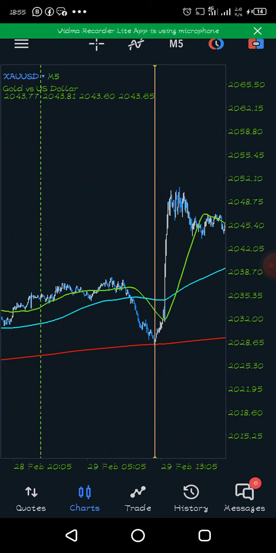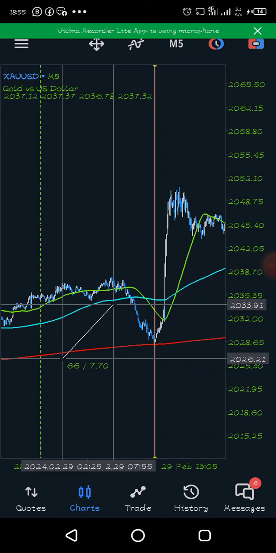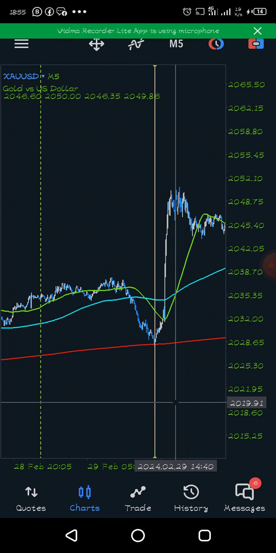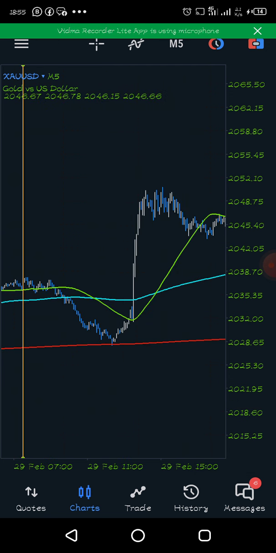Now, this touch actually gave us a pin bar in 1 hour, which shows that a pin bar on a moving average tells us that the market is being rejected. Now, we found out that this market actually was rejected in 5 minutes. So please pardon me. This market was actually rejected in 5 minutes.